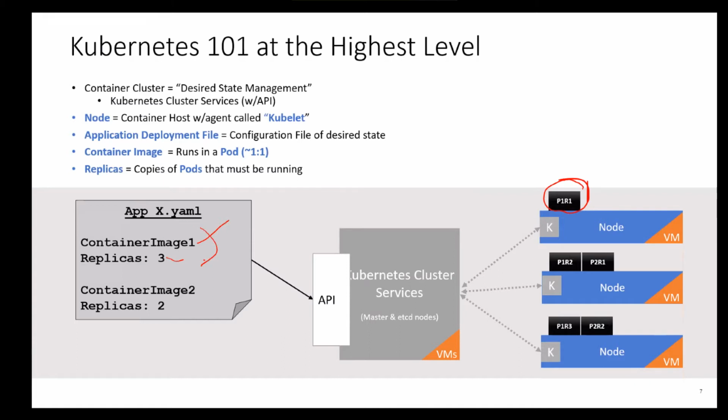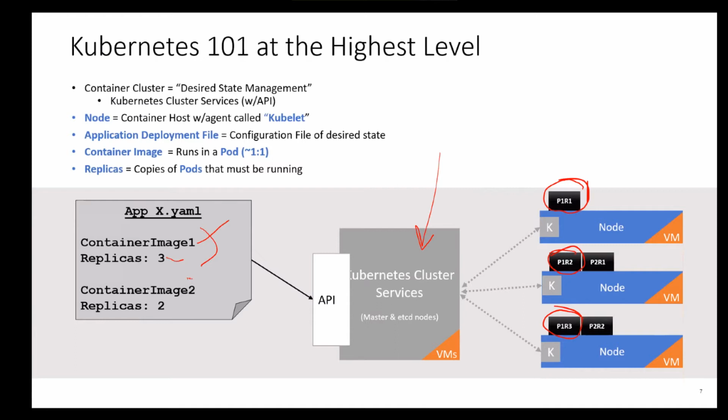We're going to call it pod 1. And we want 3 replicas of it. So here's replica 1, here's replica 2, and here's replica 3. It's the Kubernetes scheduler over here that says, okay, I got this node, I'll put one on him, I'll put another one on the second node, I'll put another one on the third node.